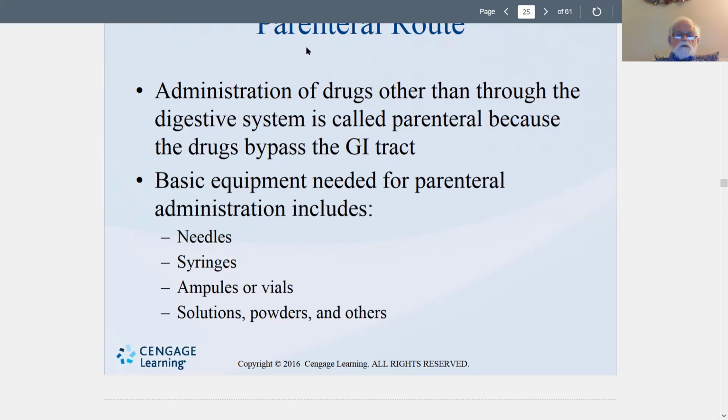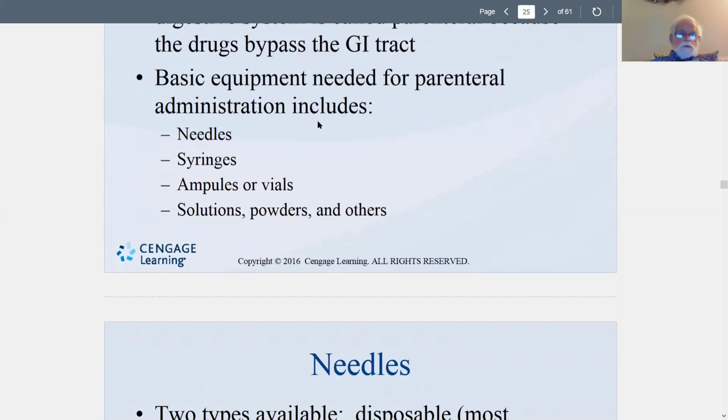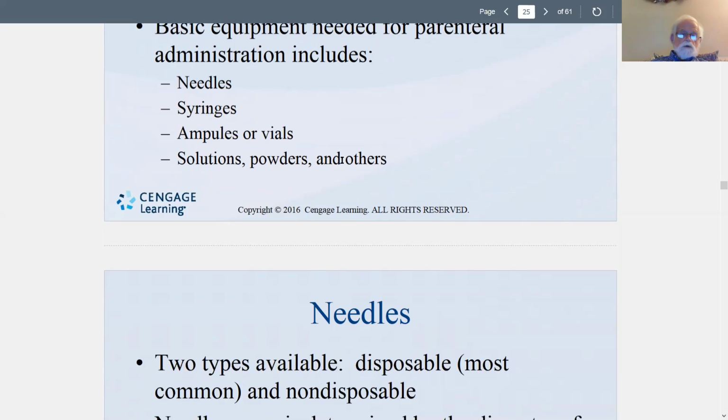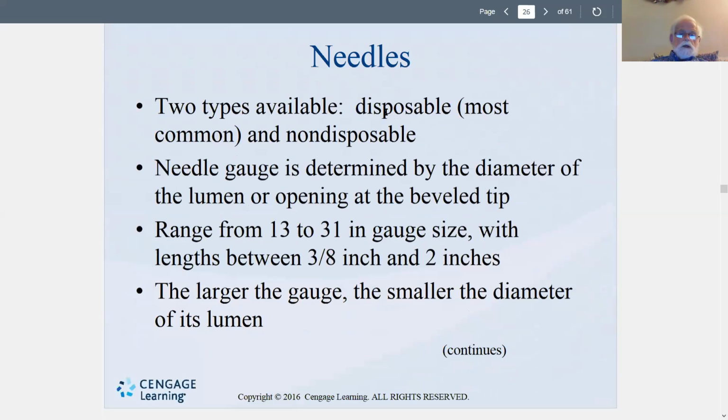The administration of these drugs is straight through, because the drugs bypass the GI. We have basic equipment, which might include needles and syringes. The drug would come in ampules or vials. They can be solutions, they can be powders that need to be reconstituted, and others.